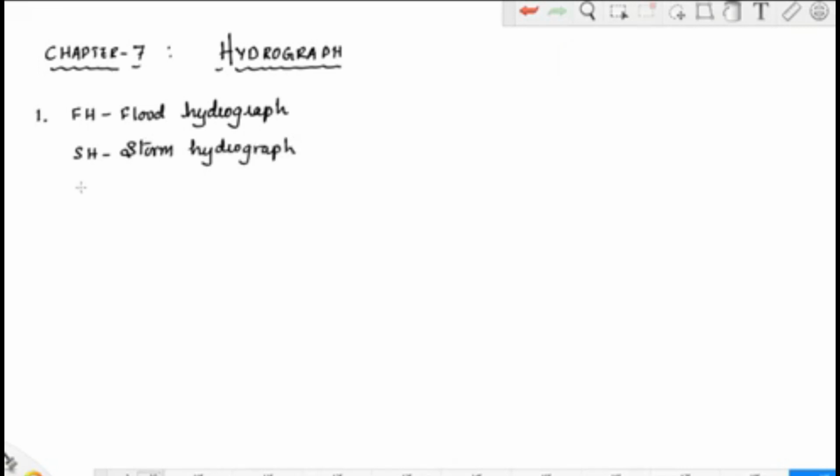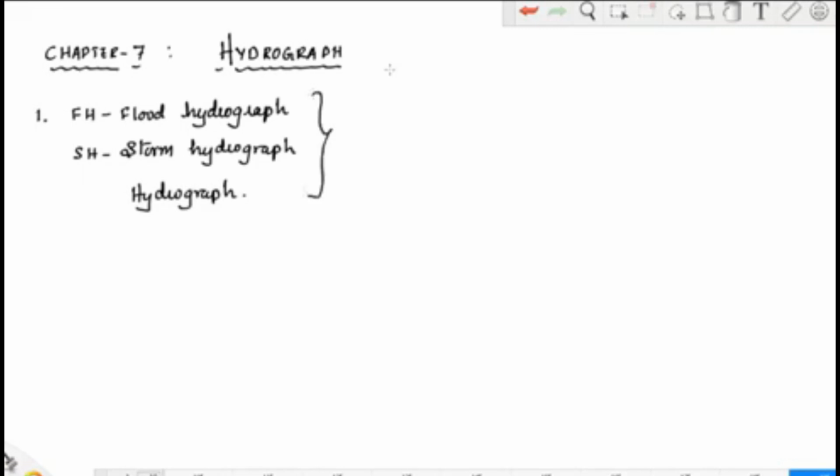Or you can call it, third one, just hydrograph. All are the same.